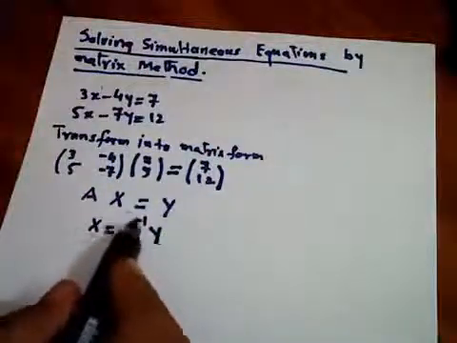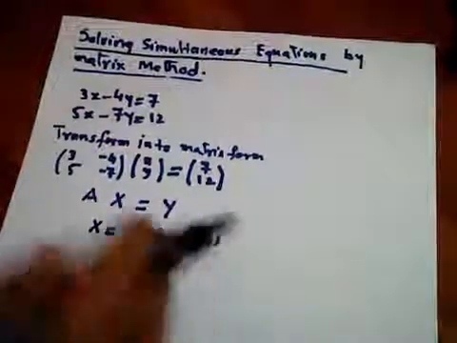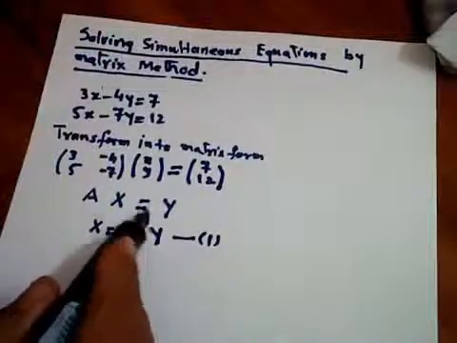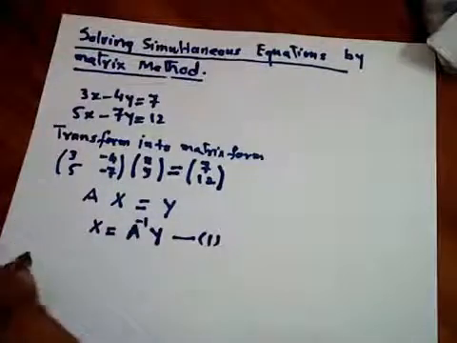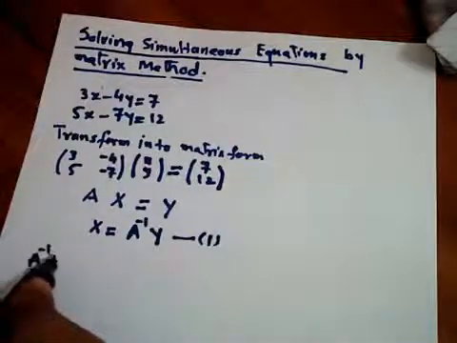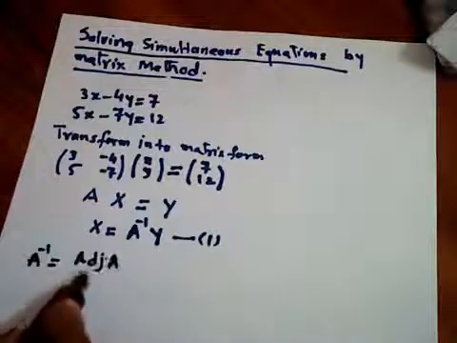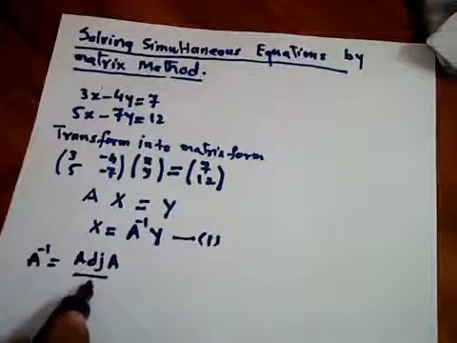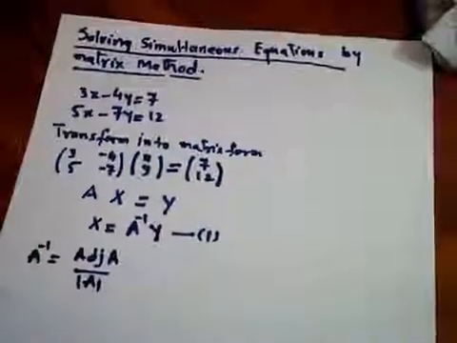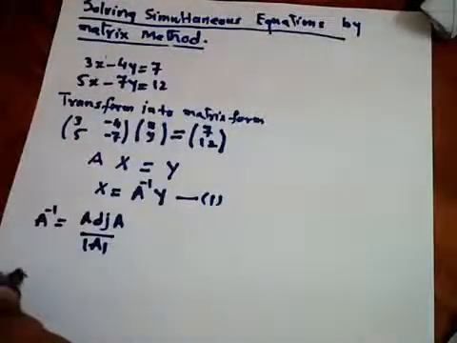For the adjoint of a matrix, we simply interchange the elements in the first diagonal and change the sign in the second diagonal. So in place of 3 we will write -7, 3 will come here, and this one is +5 so it will become -5, and this +4, upon the determinant.